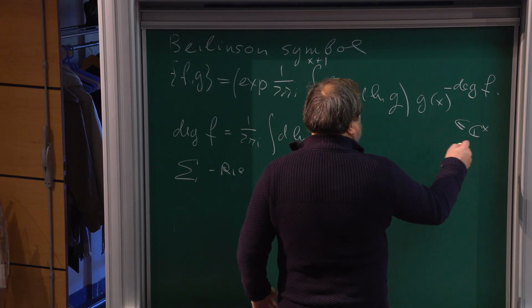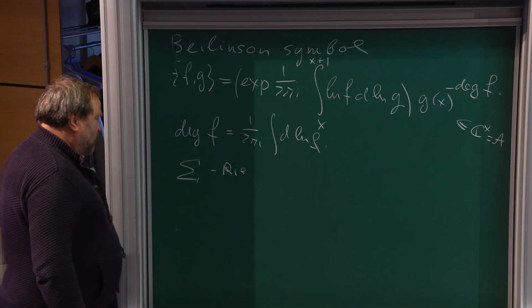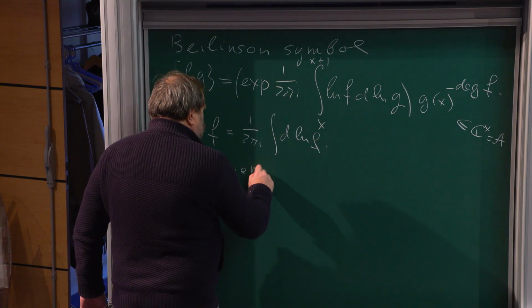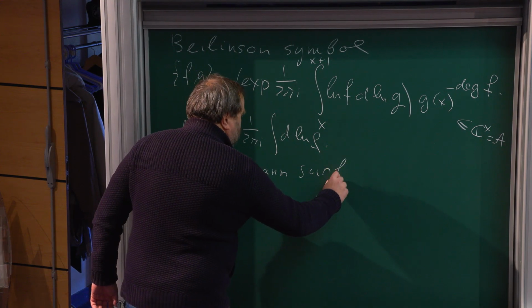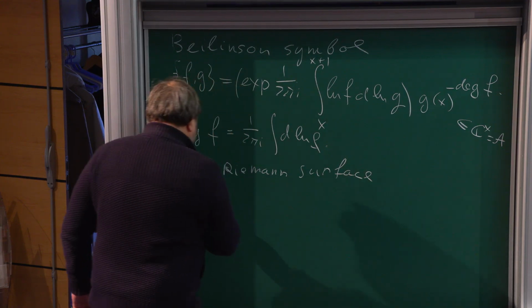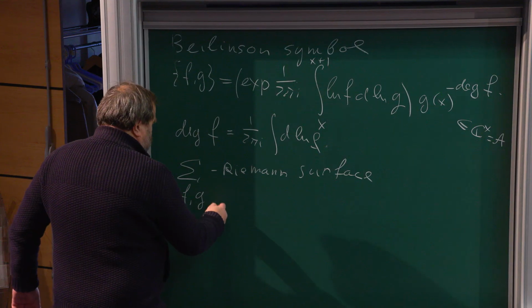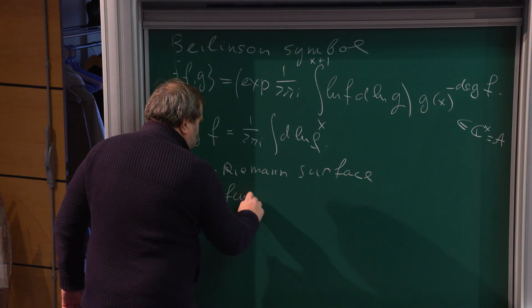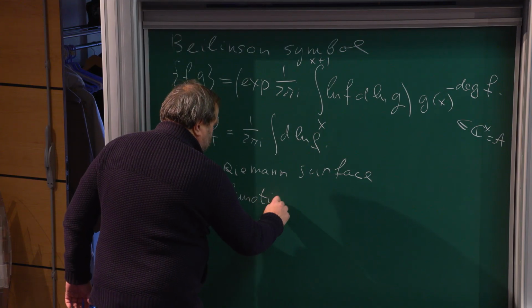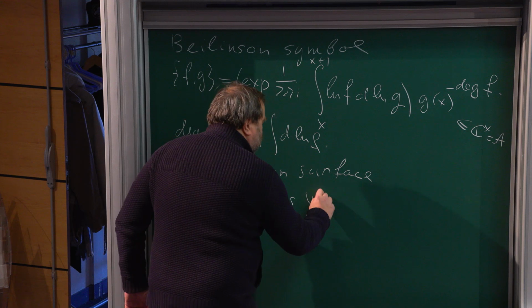Which will be my A. So sigma is a Riemann surface. F and G are just functions, with isolated singularities.